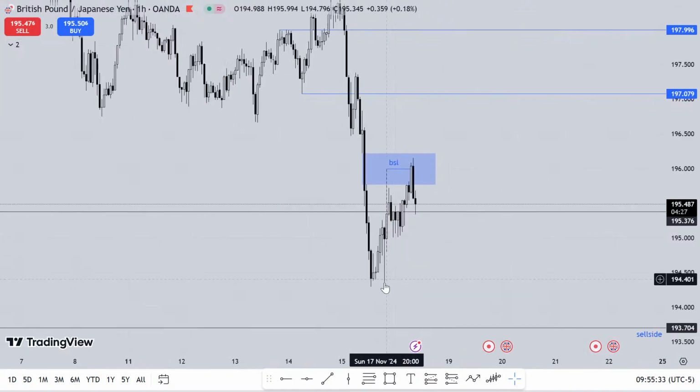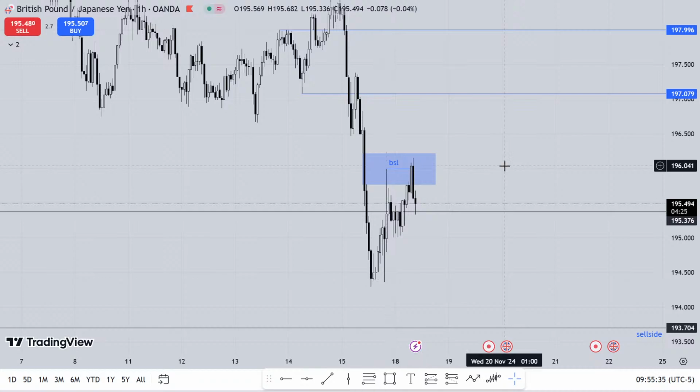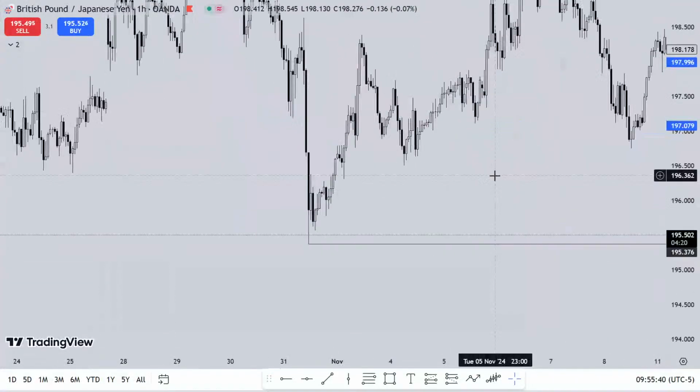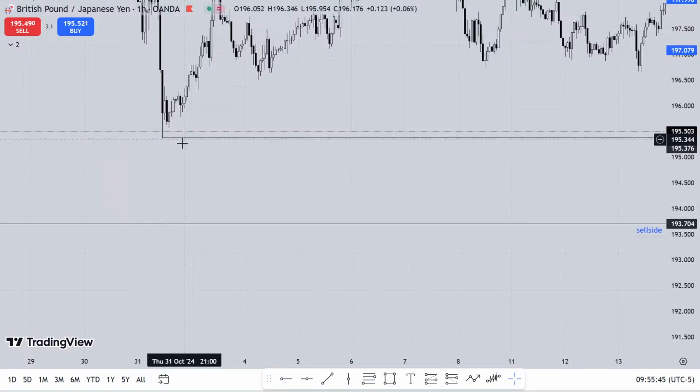We have these lows here. So we've already traded to this target here, and let's see if we've reached the midpoint from this liquidity pool to this sell side liquidity pool.